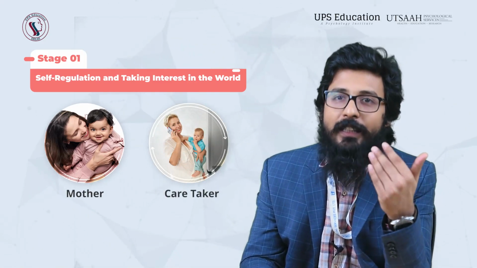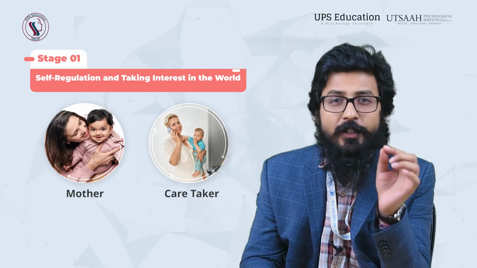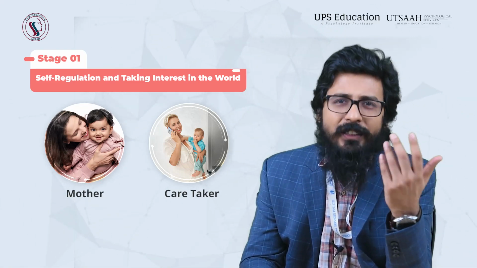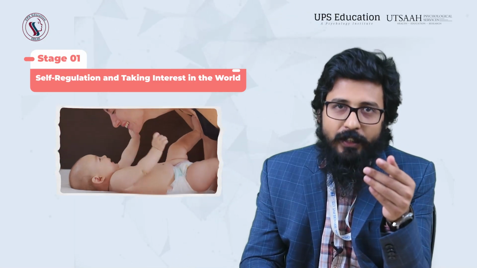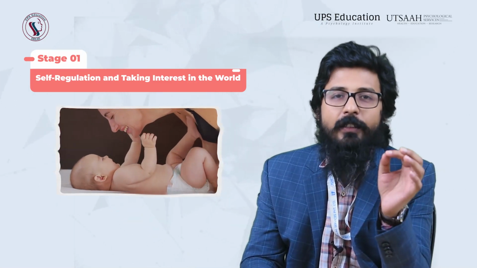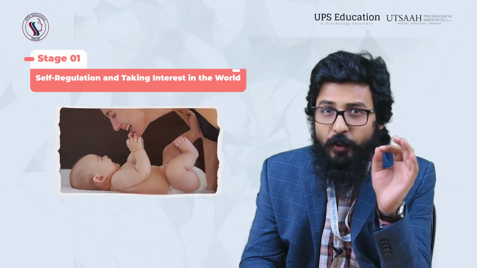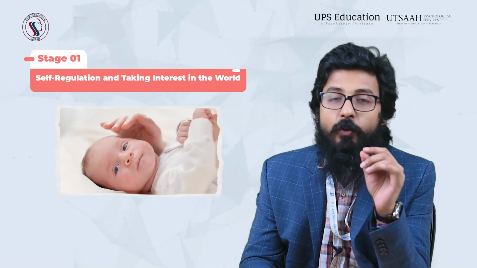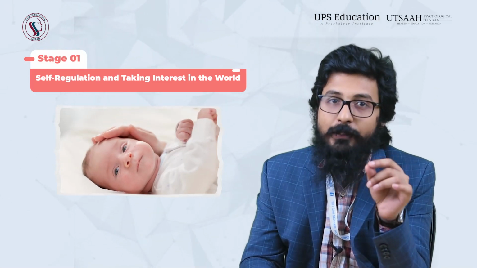So we can say the caretaker helps the child to set the tone of self-regulation through soothing voice, gentle touch, etc. When the mom presents a soothing voice, gentle touch, and helps the child to set the tone of self-regulation, this helps the baby to feel calm and relaxed without being upset by their environment.